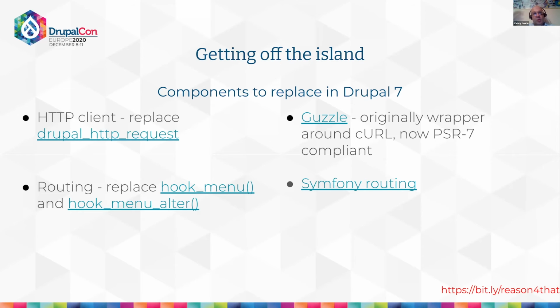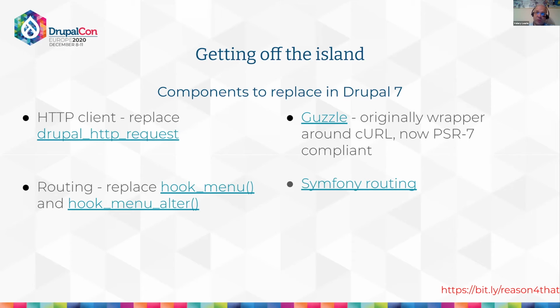And after a long discussion, the Drupal core team suggested two components. One component was Guzzle. That's a widely used HTTP request library. Originally, it was quite a thin wrapper around the curl library. And nowadays, it can work even in systems where the curl library is not present, which is a rare case, but still you can use Guzzle in those systems as well.